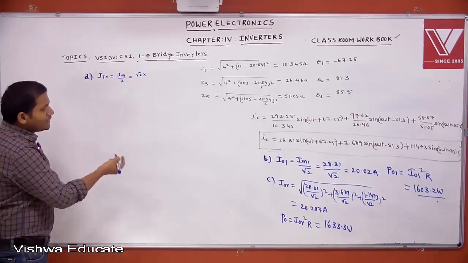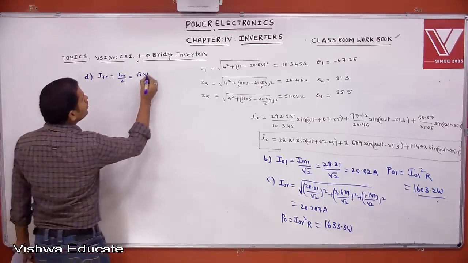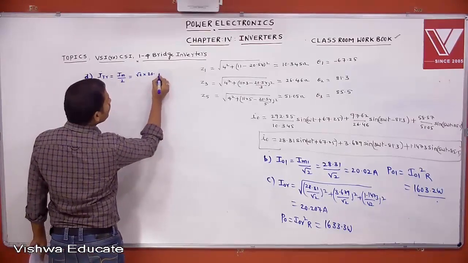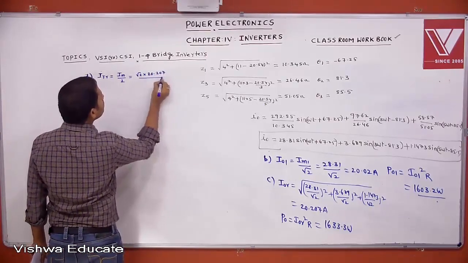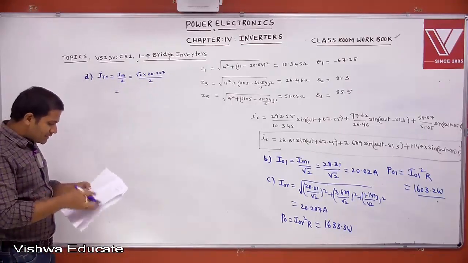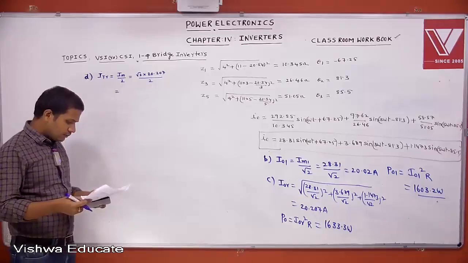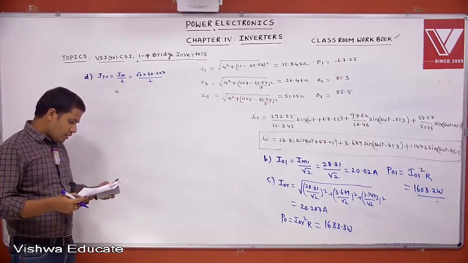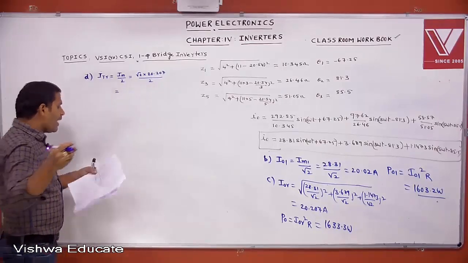Im by 2 means root 2 into IRMS, root 2 into 20.207 by 2. The RMS value of each thyristor current, that is 14.286 amperes.